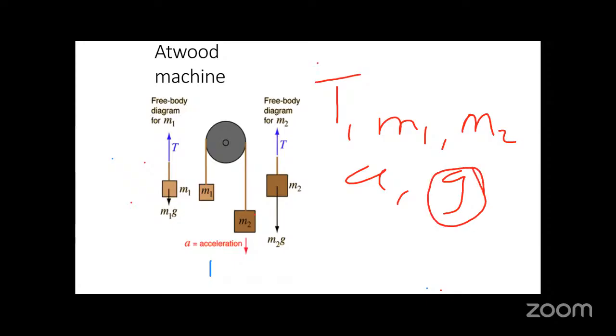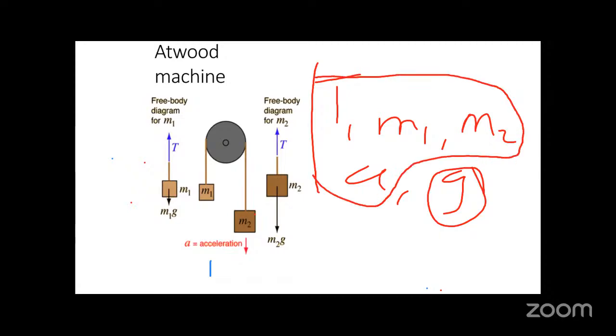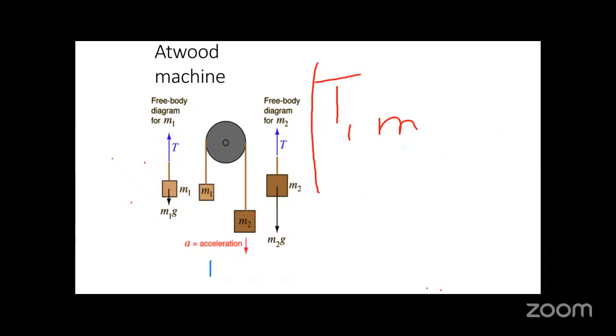But these four quantities, M1, M2, tension, and acceleration, you could be asked to find any one of them. So prepare your mind for that. Don't think that you'll be asked to find only acceleration.